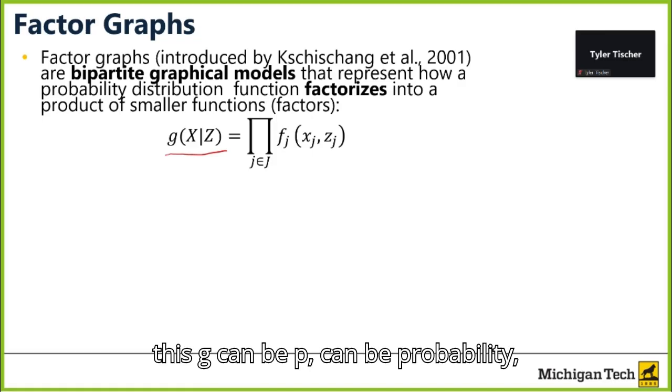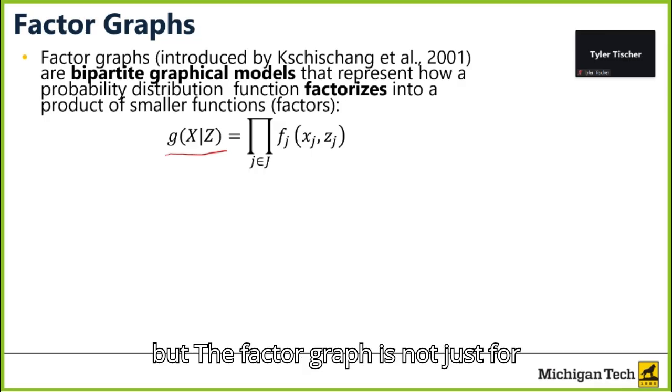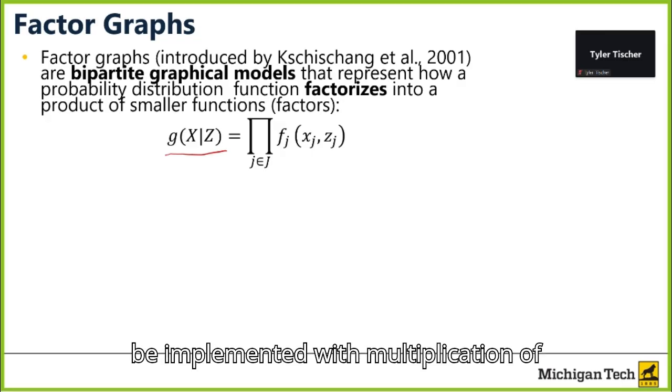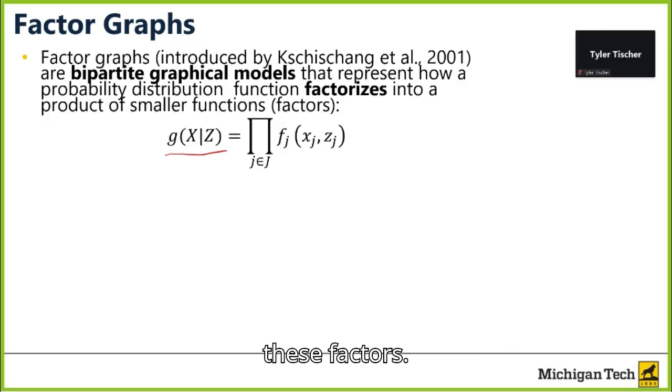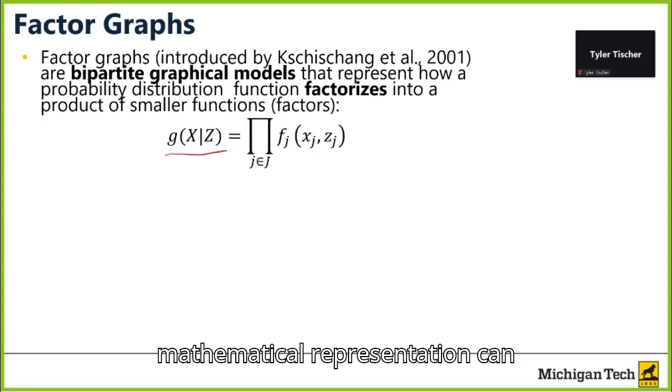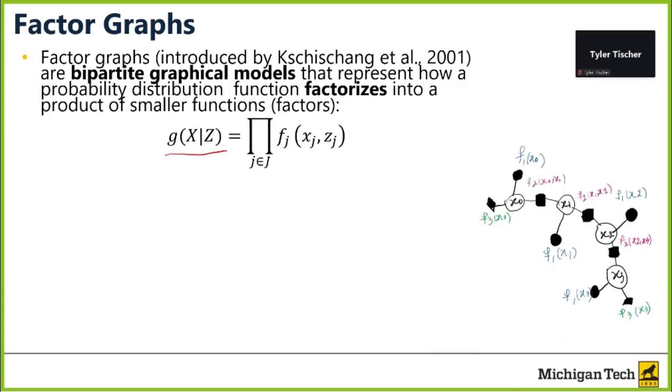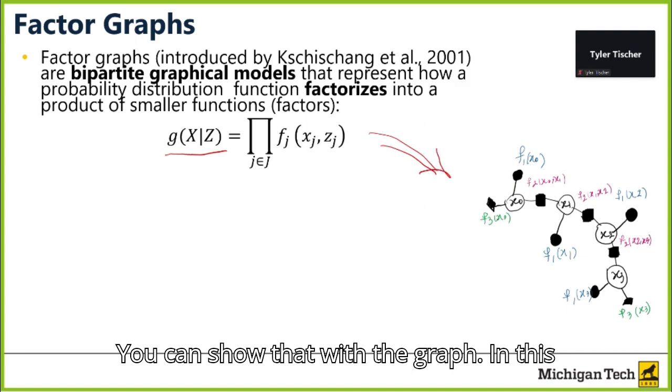And this g can be a probability, but a factor graph is not just for probability, it's for all functions that can be implemented with a multiplication of these factors. And this mathematical representation can be turned into a graph. You can show that with the graph.